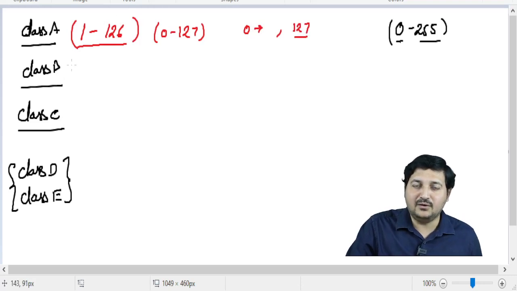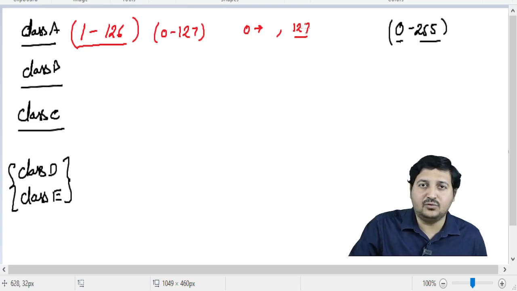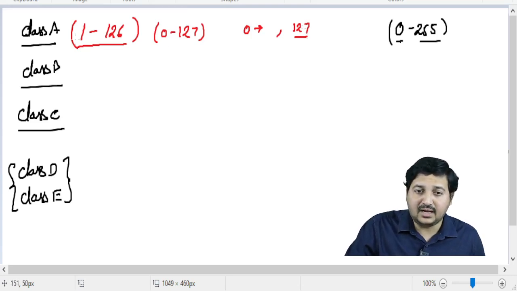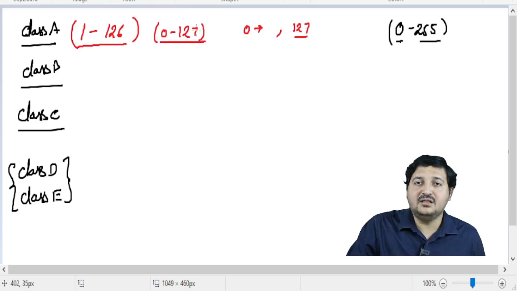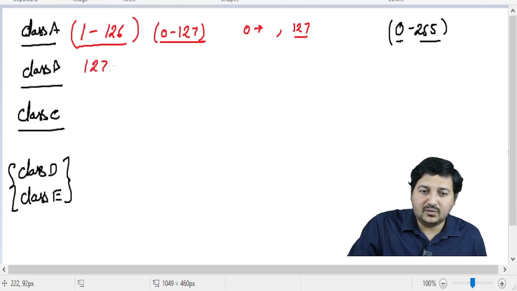If someone asks you what is the range of class A, see, again, this is only the first octet. Don't think that the second octet is restricted; it may vary from 0 to 255. The third octet can also vary from 0 to 255. But the first octet should vary only from 1 to 126. When it comes to the class B network, it is 128 to 191.